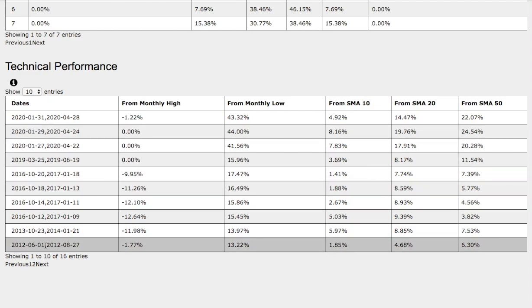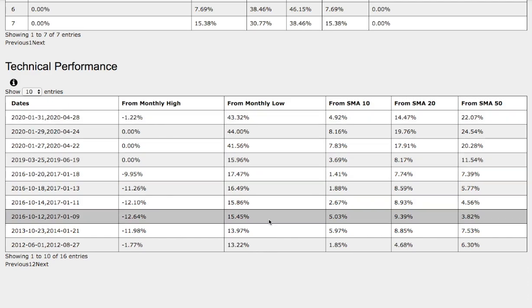And now the trend that we just examined, it was down roughly around 2% from monthly high, up 13% from monthly low, up 2% from 10 simple moving average, up 4.7% from 20 simple moving average, and up 6% from 50 simple moving average.